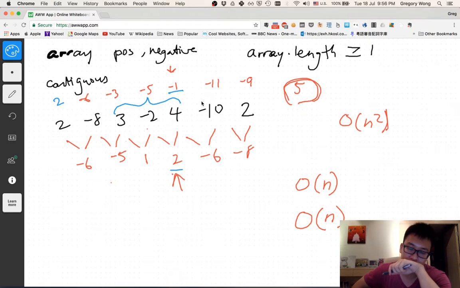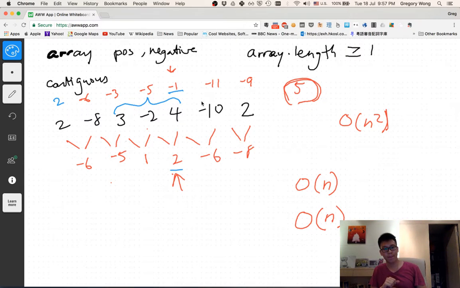So think about the relationship between a number and the next number. So 2 and -8, that's -6. You already have a negative number. That doesn't bode well for you going into 3.